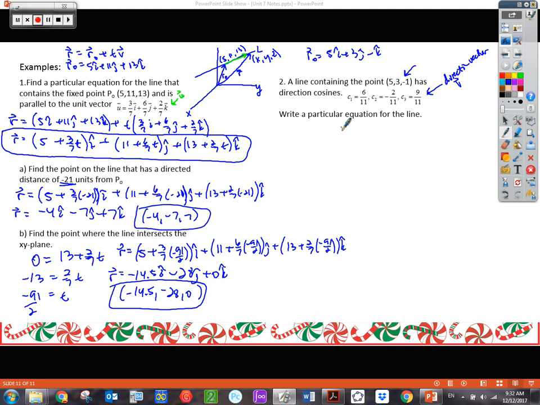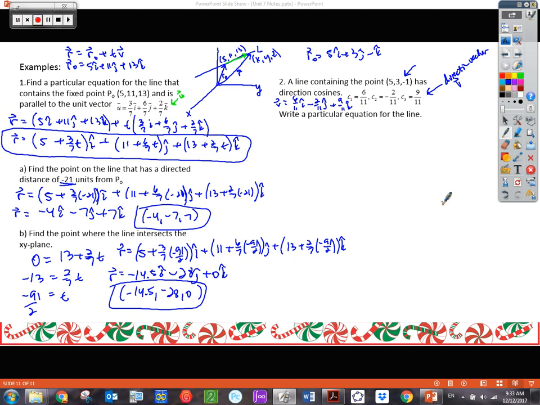So our direction vector is typically a unit vector. So let's write it. v would be 6/11 i minus 2/11 j plus 9/11 k. That's going to be our vector v.